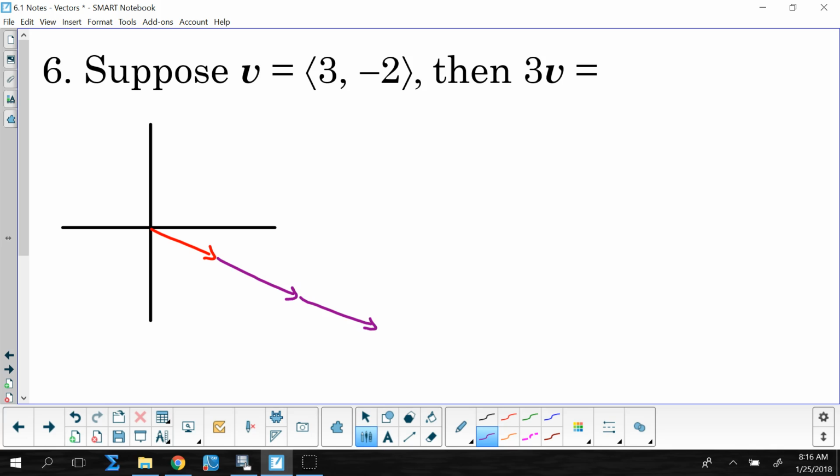Each time I'm going to the right 3, and down 2. I hate the word over. I don't know why I just used it there.